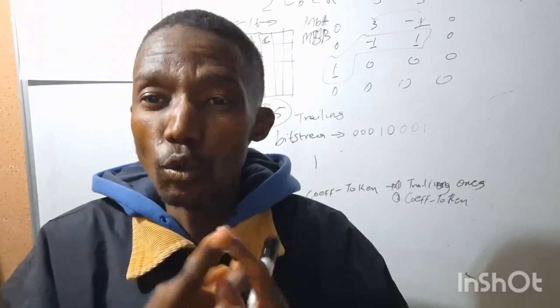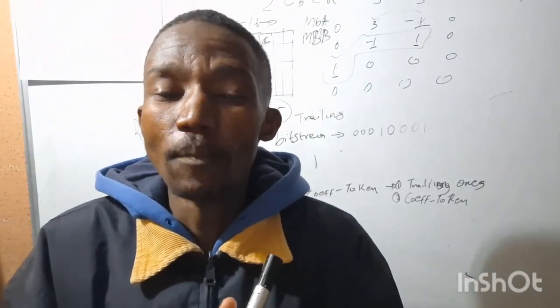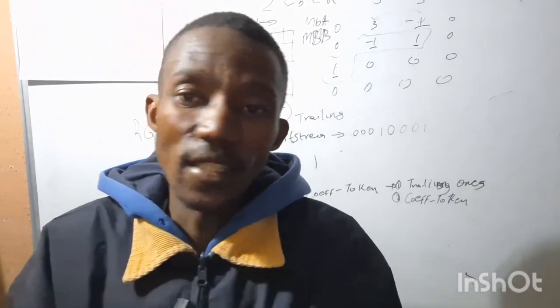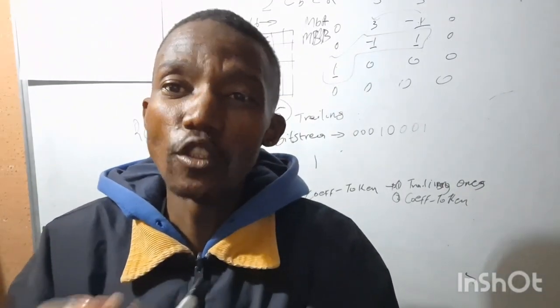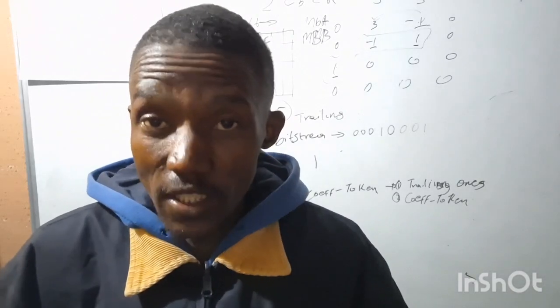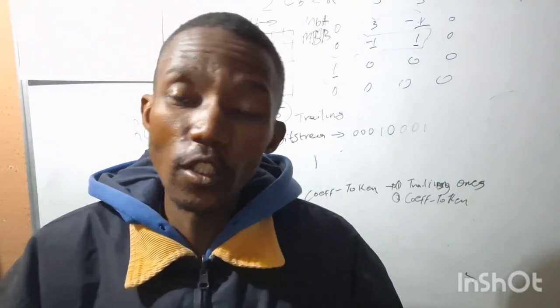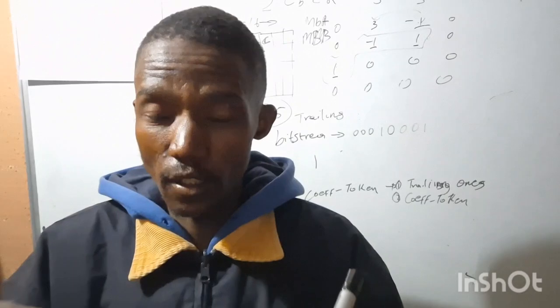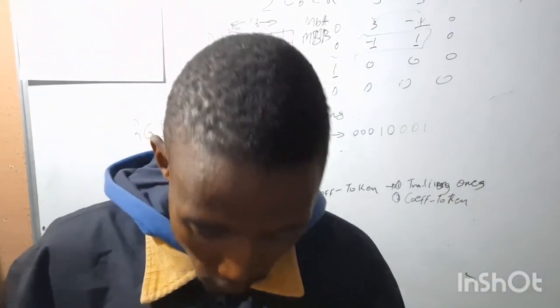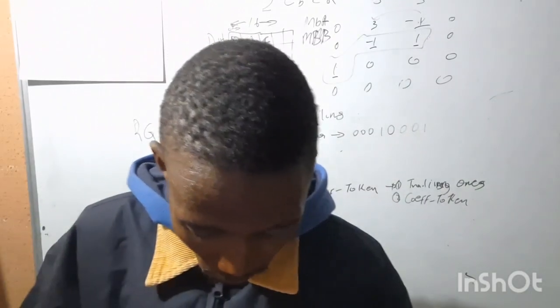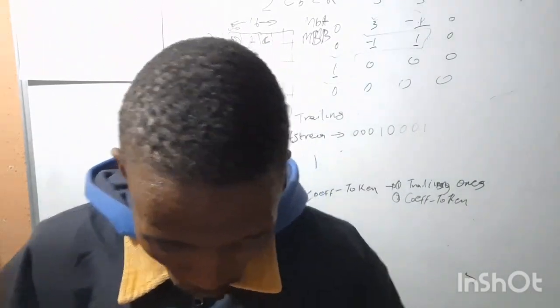And then we have those non-zero coefficients that are not part of the trailing ones. They are encoded separately and are referred to as levels. Does that make sense? So the process of encoding these two types of non-zero coefficients is slightly different.